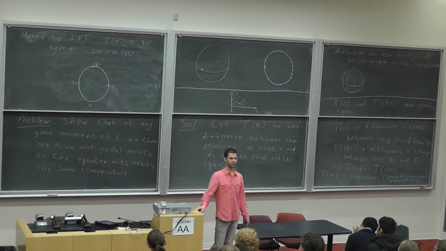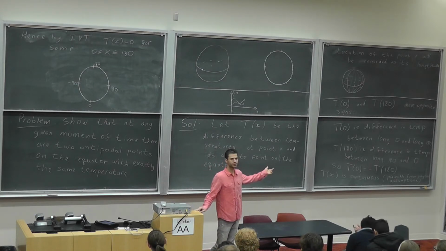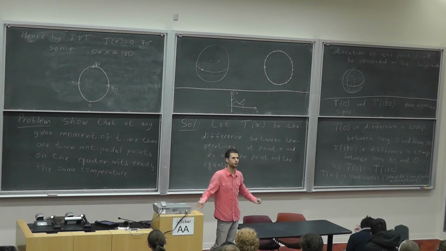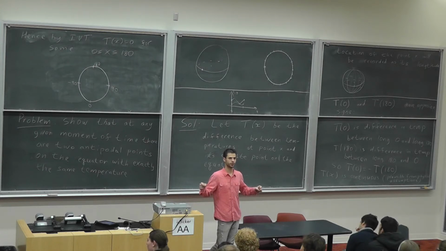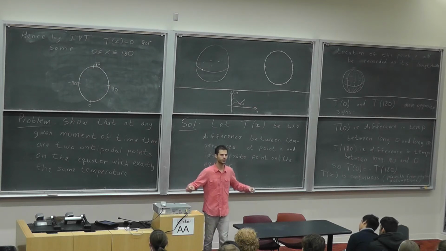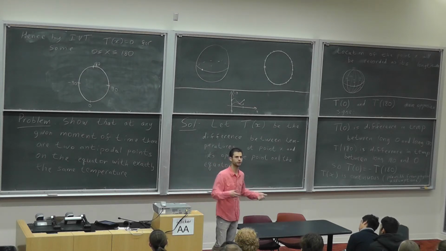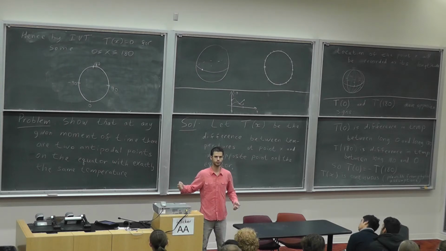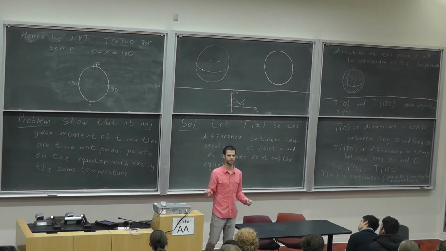And of course, you can see that our argument doesn't tell anything about the location of this pair of points where the temperatures are equal to each other. So if we try to apply the same argument at a different moment of time, we might as well get quite different points.